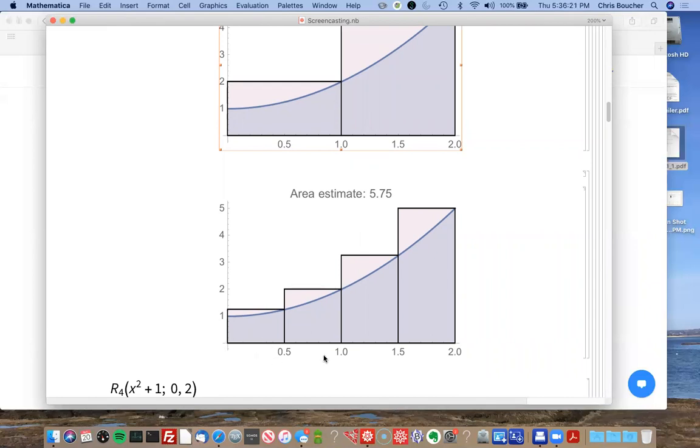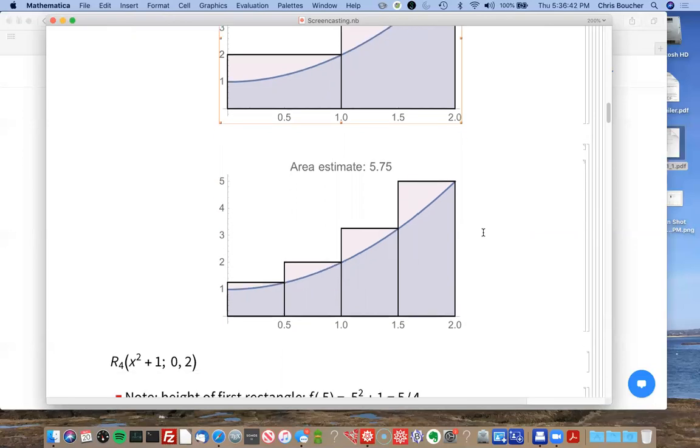I take the original interval from 0 to 2, split it into 4 equal pieces, and on each piece, I put a box around it. Then I just tally up the areas of all the boxes, and I'll leave it to you to check the math here, that comes out to 5.75. And our estimates look like they're getting better. Okay, a little bit of notation for this kind of approximation.